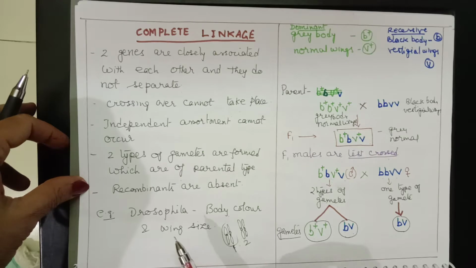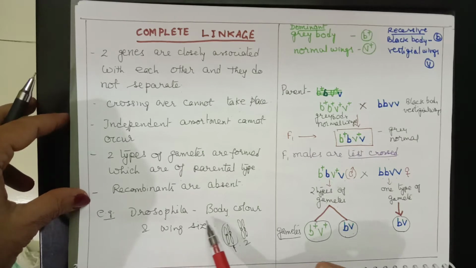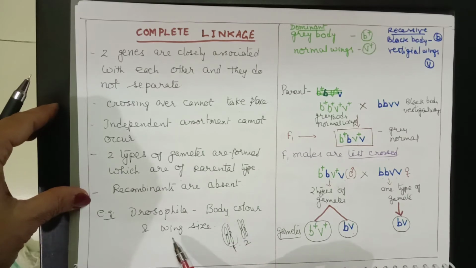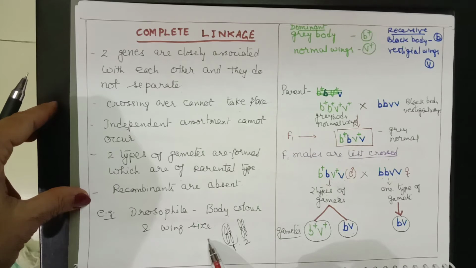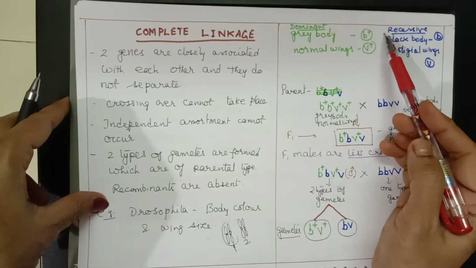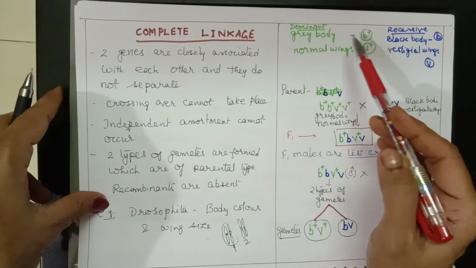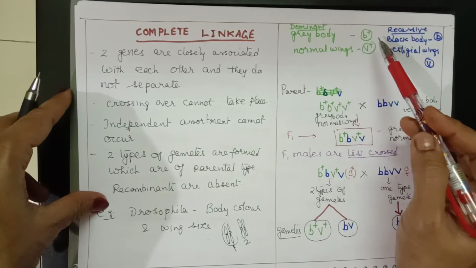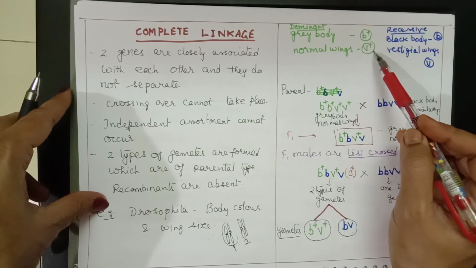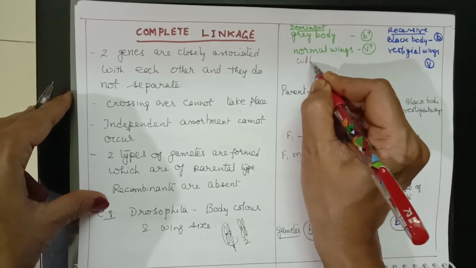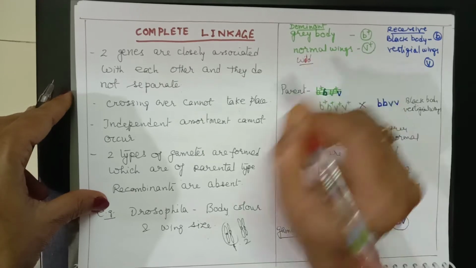This is explained by taking an example in Drosophila, with two characters: body color and wing size. We will consider what is dominant and recessive. The dominant condition is gray body color and normal wings, also called wild type or dominant characters.